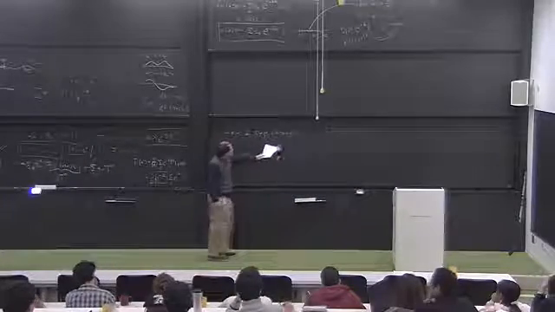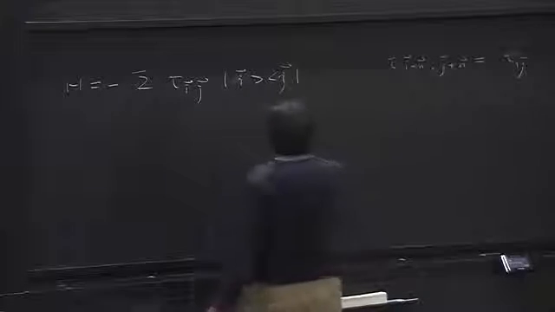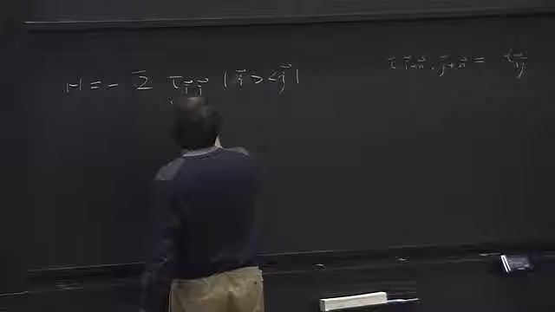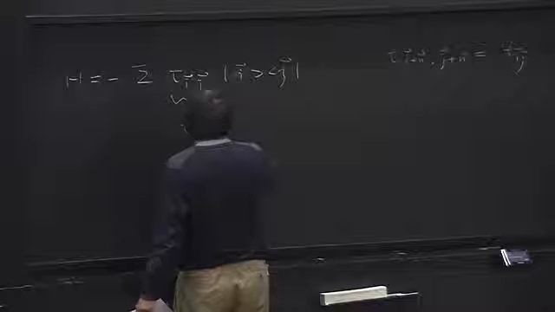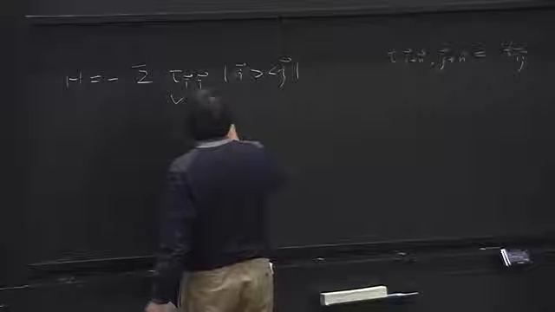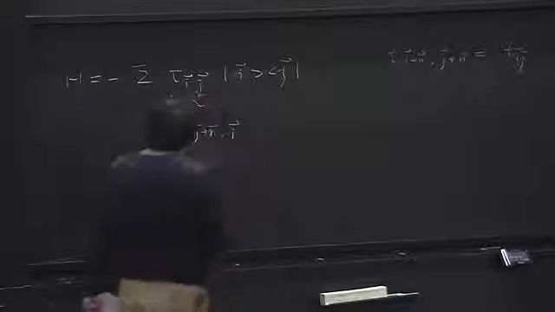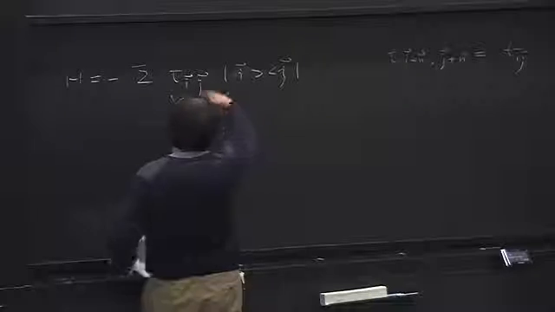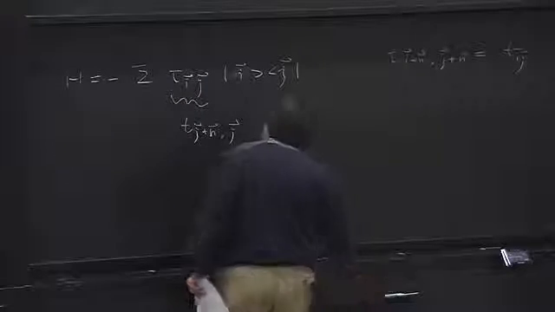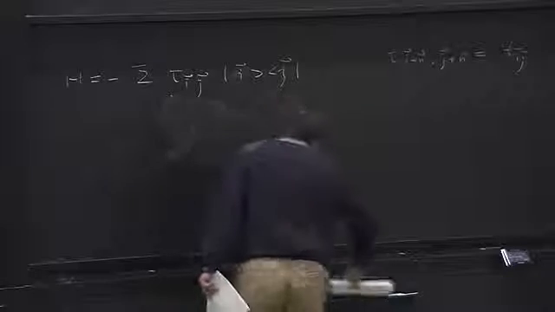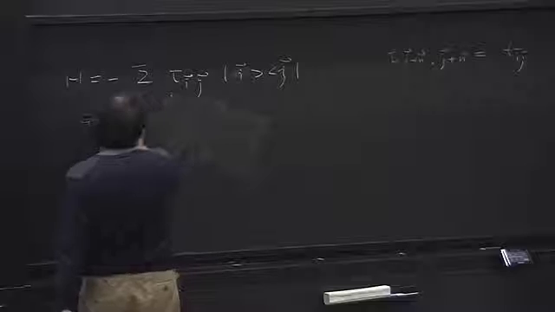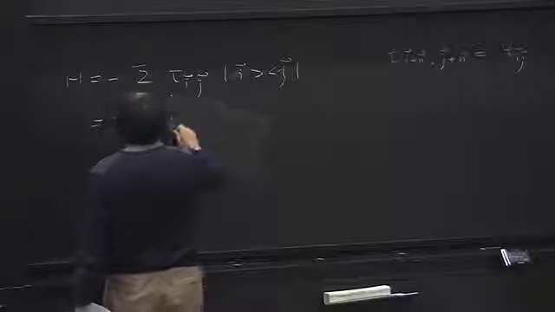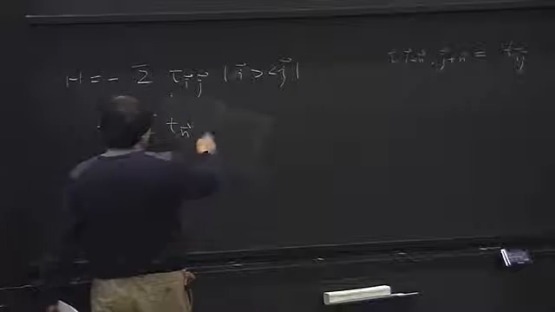Okay, so once we have this, again, we can write this as t using j plus n, t j. So this one can also be written as minus T_n, where n is how much you hop.